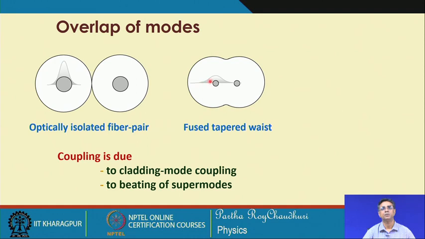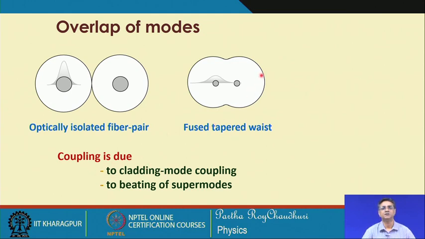Because of the reduced dimension of the core, the light will flare out and hit the second waveguide. This is also a guiding region. So, the light wave will interact with this waveguide and get guided through it. This is the basic principle.